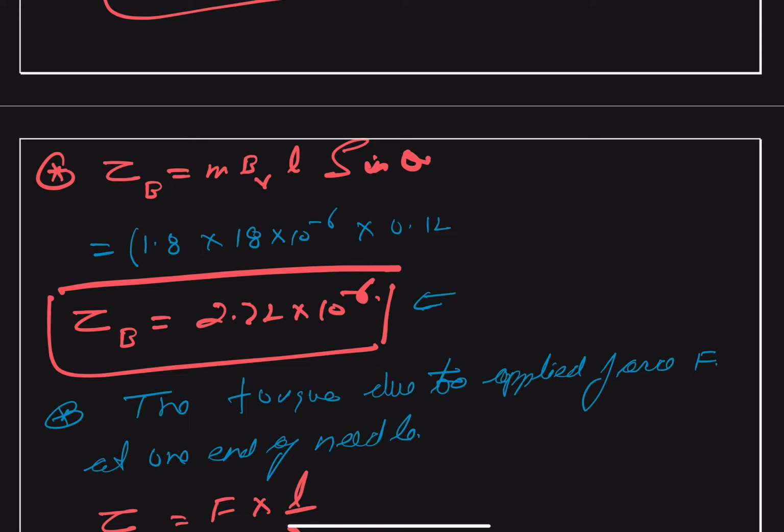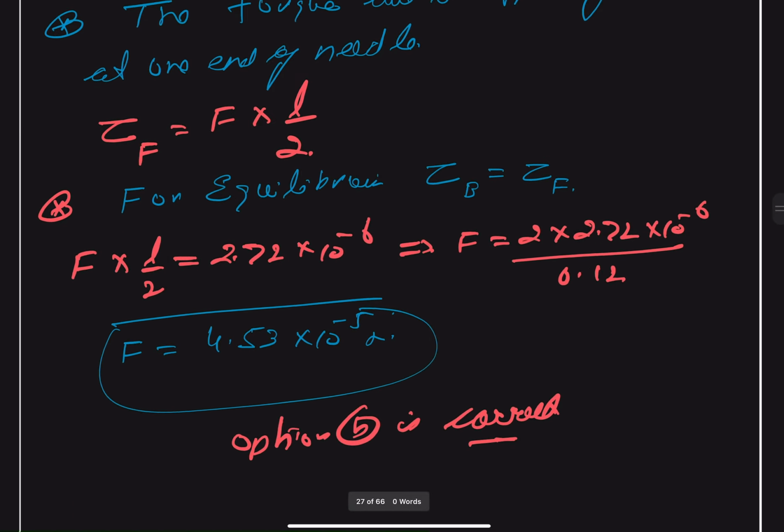The magnetic field we found as, this is also correct, and this is our sine of 45. This gives us the torque as L by 2. Yeah, this one is also correct. So the answer is correct.